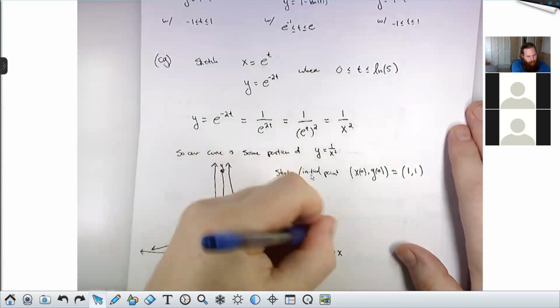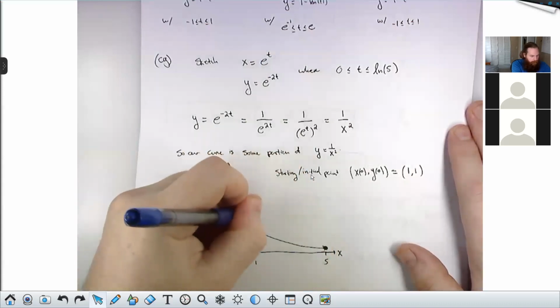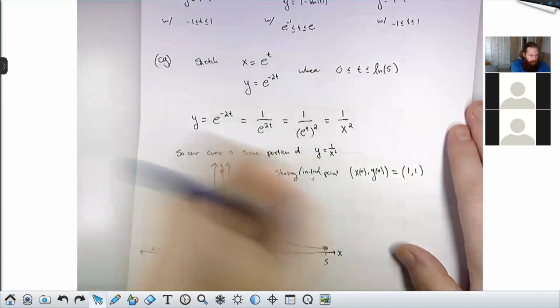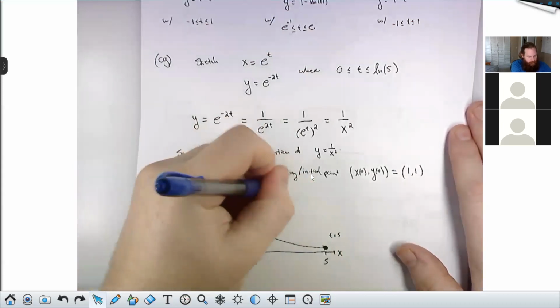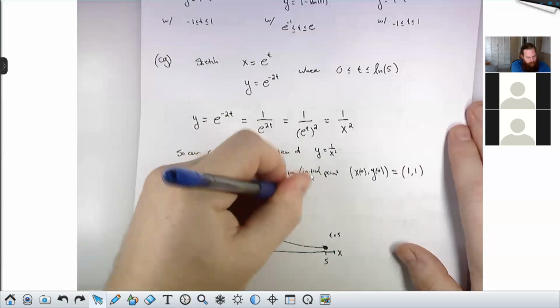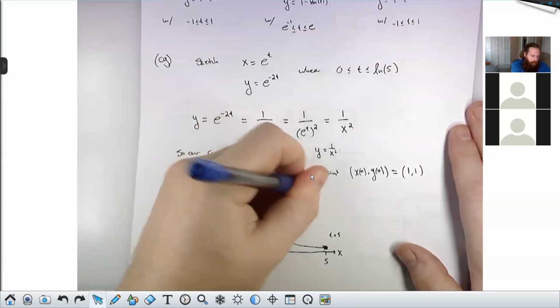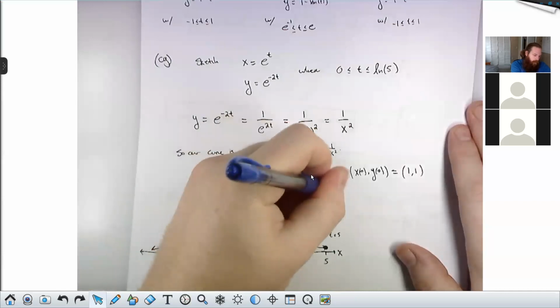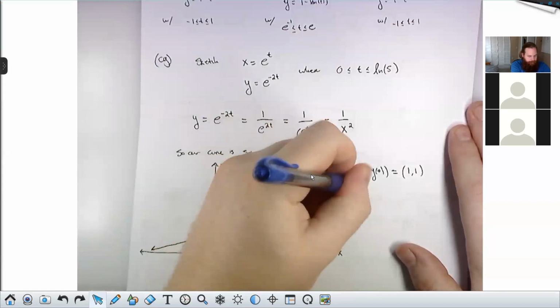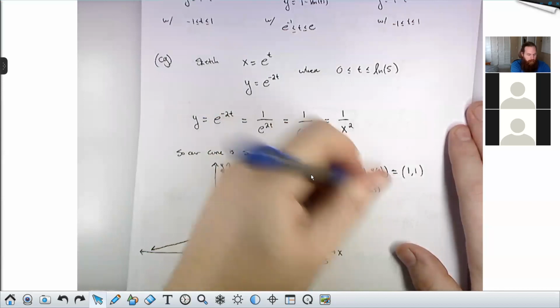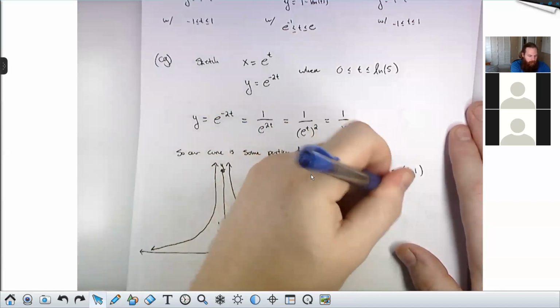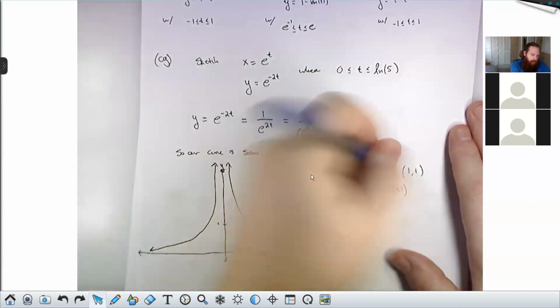So here is my terminal point, my ending or terminal point is x of ln5, comma y of ln5.